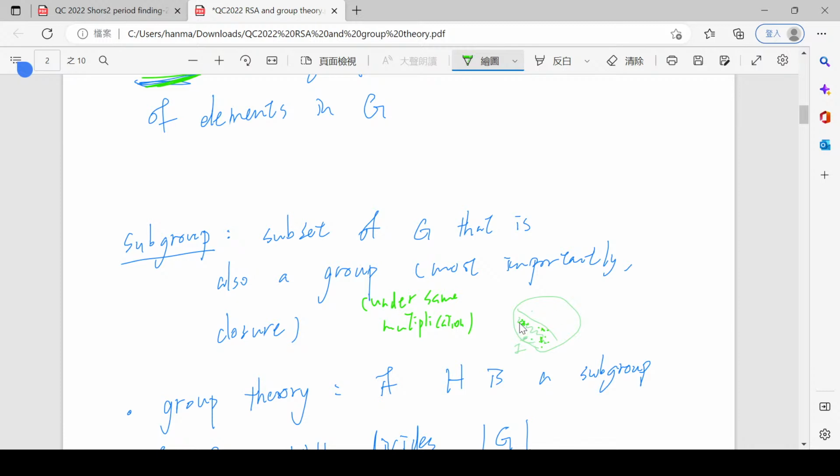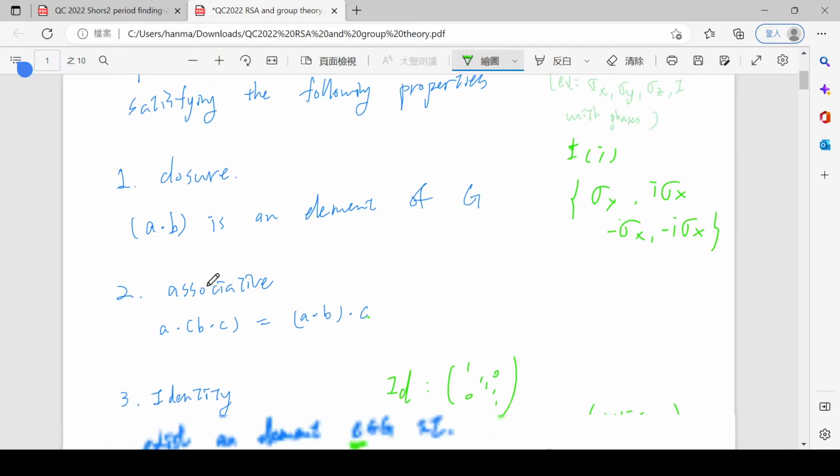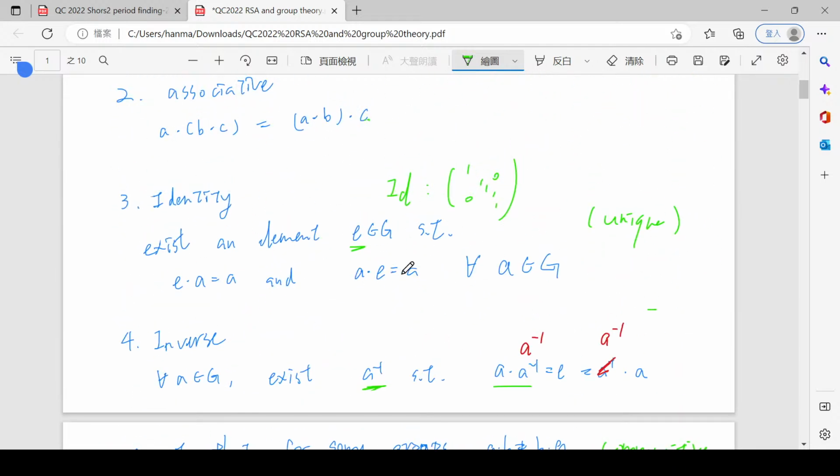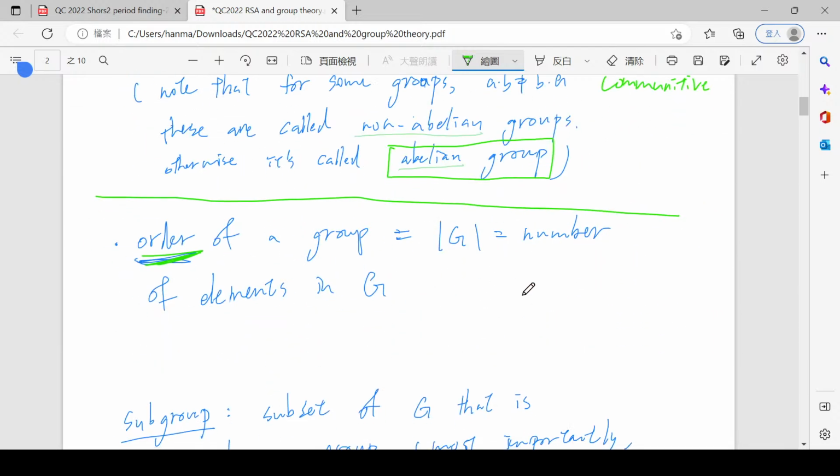And we'll see later that if you have closure and you have identity, then you also satisfy inverse. So that's a subgroup: something that's a subset of your group, some fraction of your group, that also satisfies those four properties under the same multiplication rule.